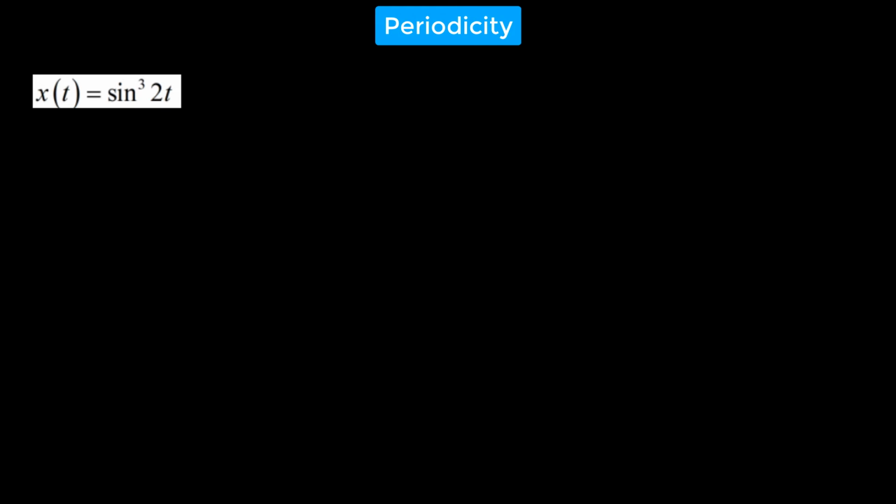So here we have a continuous time signal x of t given by sine cube of 2t. We have to simplify sine cube. This is a cubic trigonometric function, so we have to get rid of the cubed value here. We are going to use the identity that sine 3t is given by 3 sine t minus 4 sine cube t.